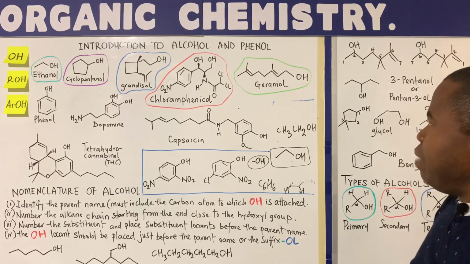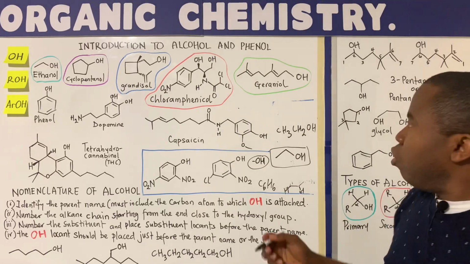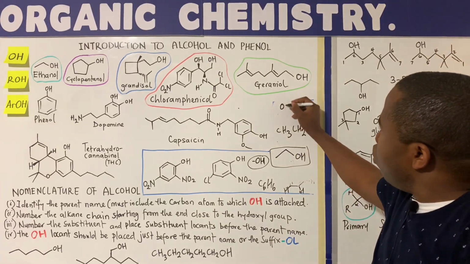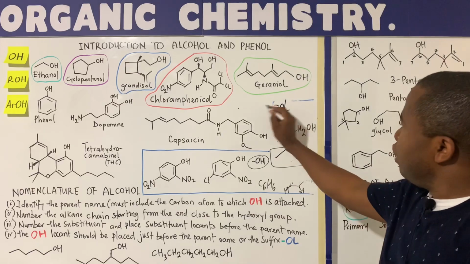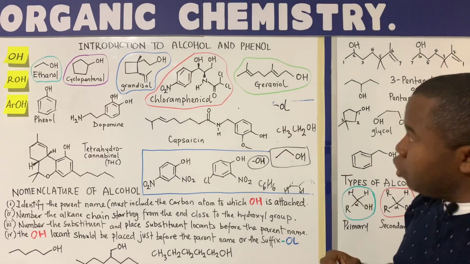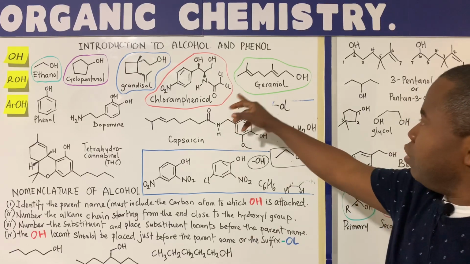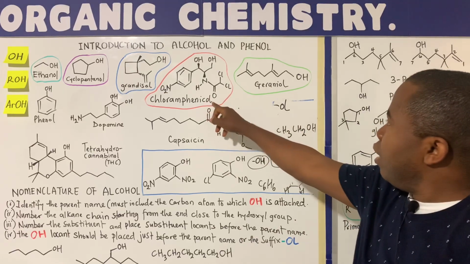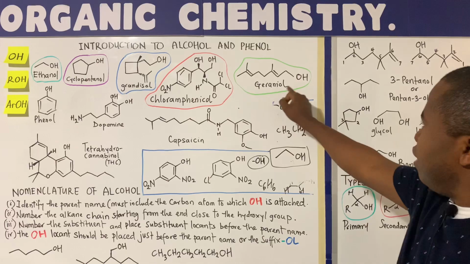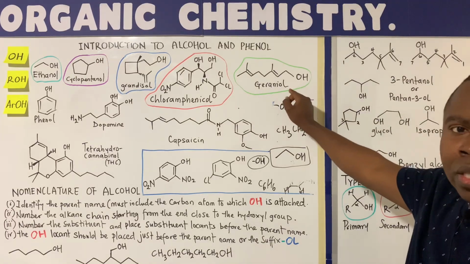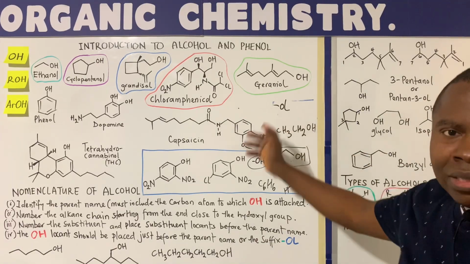The compound name in most cases for alcohol will end in the suffix OL. Even though we've not talked about these ones here, you can see already, this ends in OL, chloramphenicol. This ends in OL, geraniol. They are both alcohols as well.